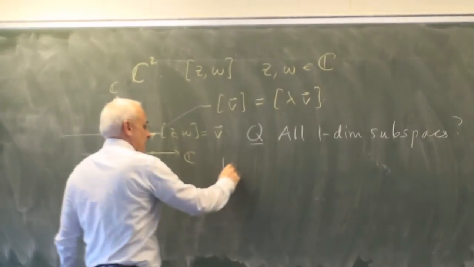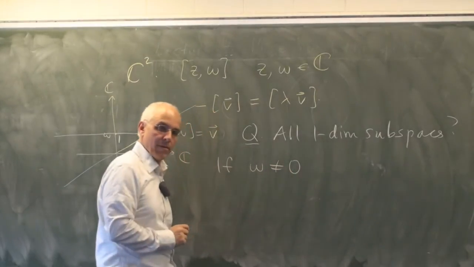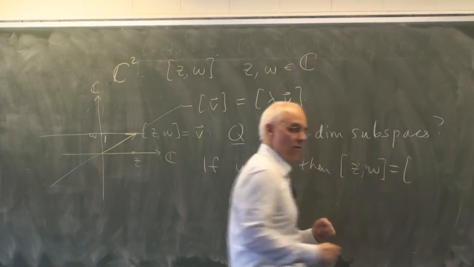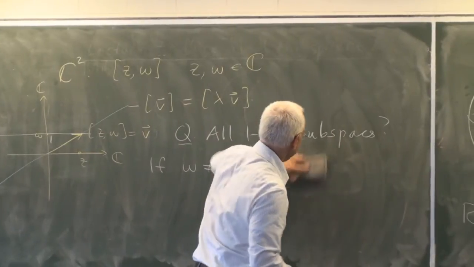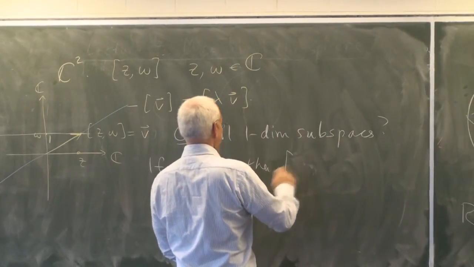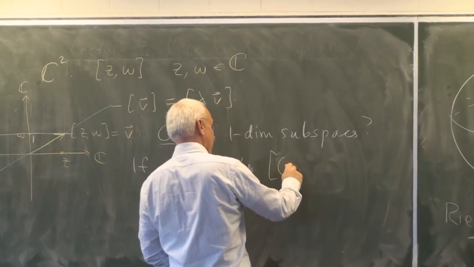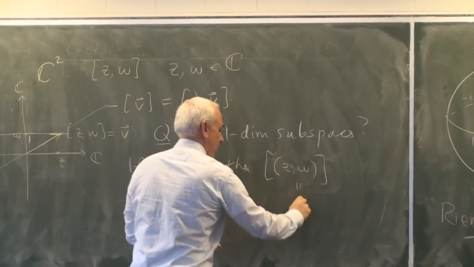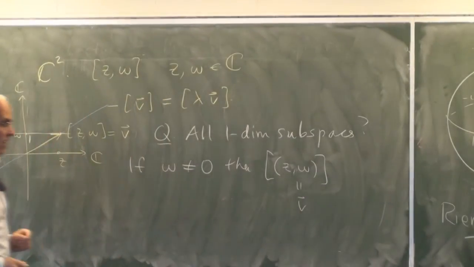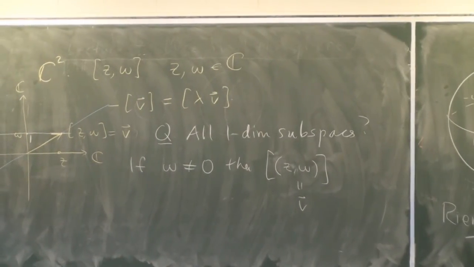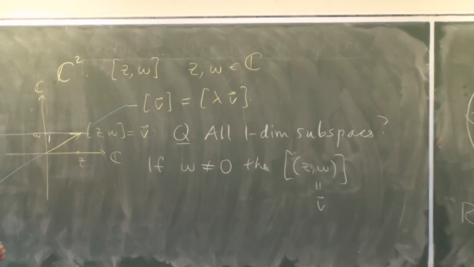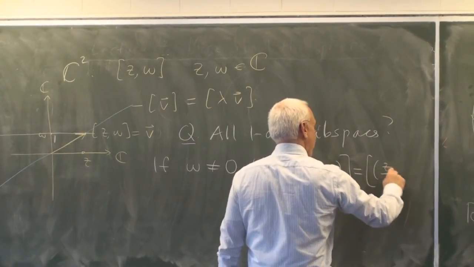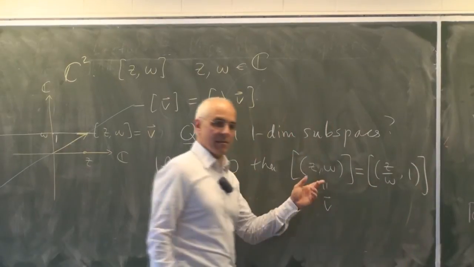If w does not equal 0, then the line through (z, w), I'll use pointed brackets for vectors and square brackets for the line of that vector, is the same as the line through (z/w, 1), because we can multiply by 1/w.